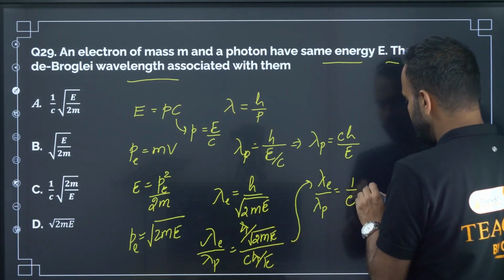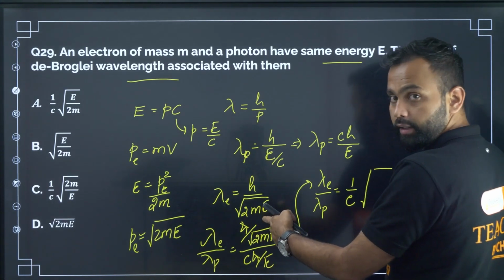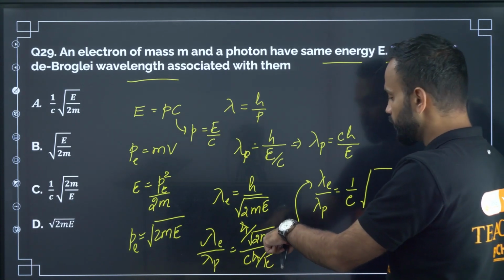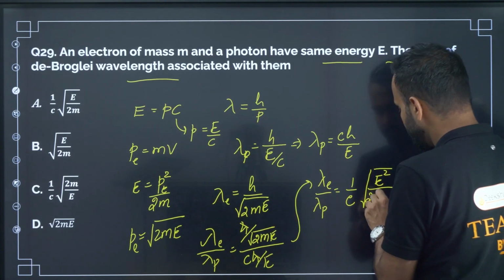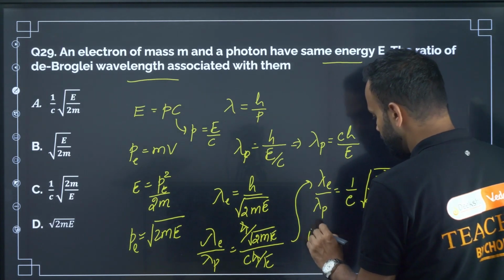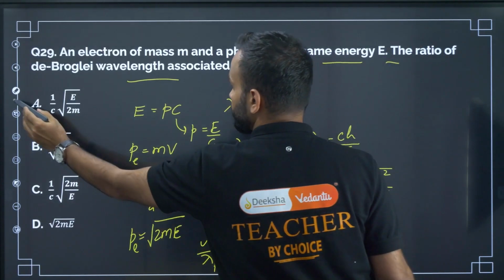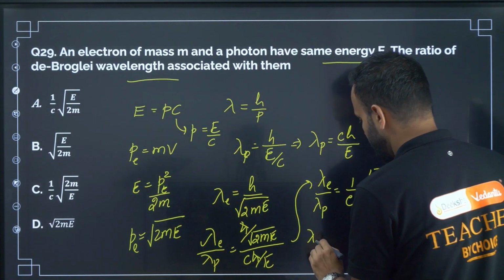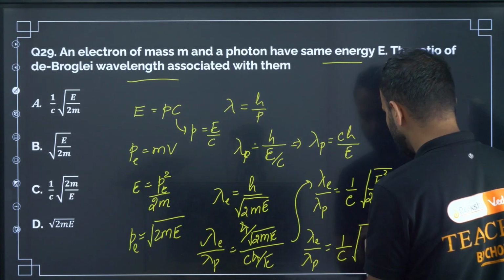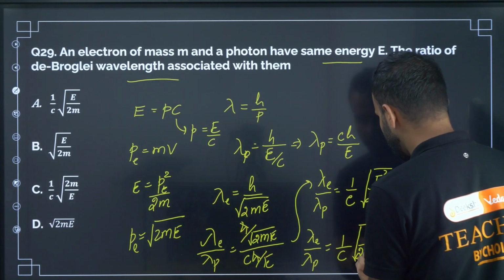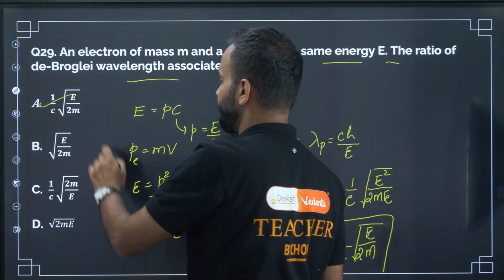So 1 by c into root of, E goes to the numerator, so if you take E under the root, this will be E square divided by 2mE. So lambda E by lambda P is equal to 1 divided by c into root of E divided by 2m. So the correct option is A.